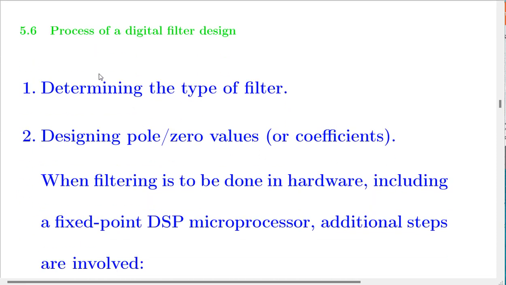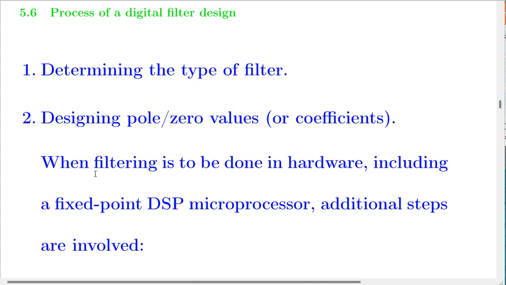Now, process of a digital filter design. Determining the type of filter, designing pole zero values or coefficients of the filter. When filtering is to be done in hardware, including a fixed point DSP microprocessor, additional steps are involved.